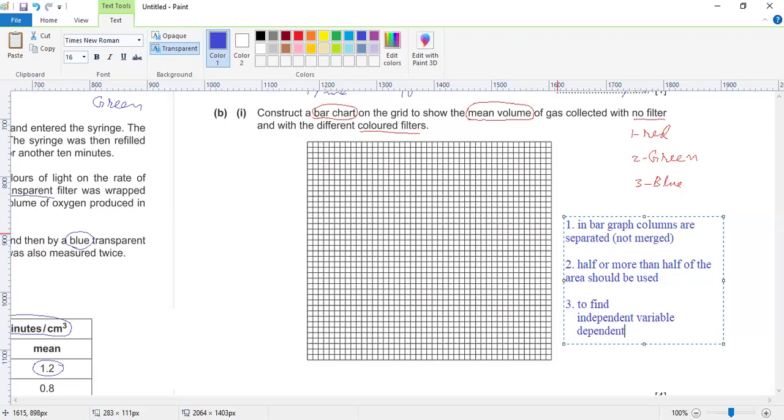So what is the dependent variable here and what is the independent variable? So the independent variables here are the no filter, red filter, green filter, and blue filter conditions. While the volume of the gas collected is dependent on the color of the light. So this is the dependent variable. And remember that the independent variable is always on the x-axis. So this is the x-axis.